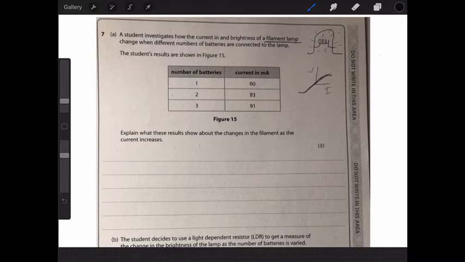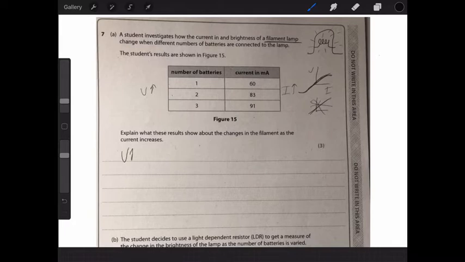So, thinking of that knowledge as we move into the question, the number of batteries here is increasing. As the number of batteries increases, as you go down the table, the voltage is increasing, and the current is increasing. As you supply more energy per unit charge, you get a greater rate of flow of electrons. However, this is not a straight line graph, not for a filament lamp, because this relationship is not proportional.